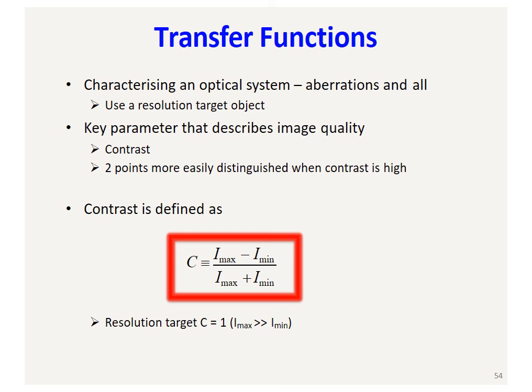We can use this useful parameter called contrast or modulation, which is given by the difference in the image irradiances, so the maximum and the minimum, divided by the sum.